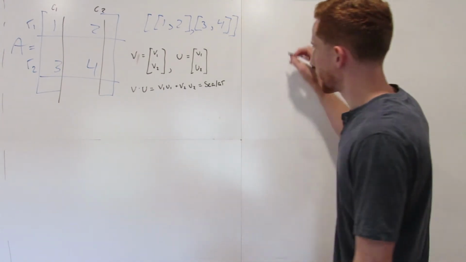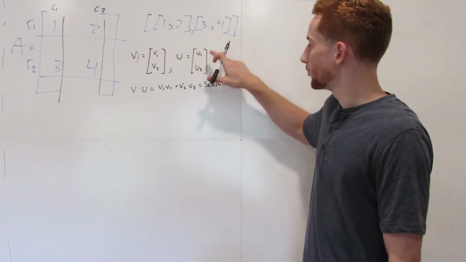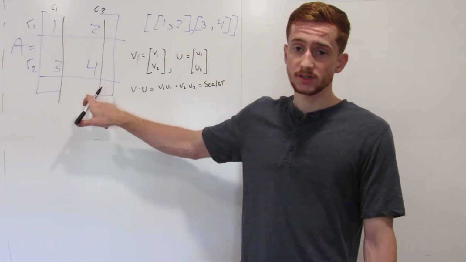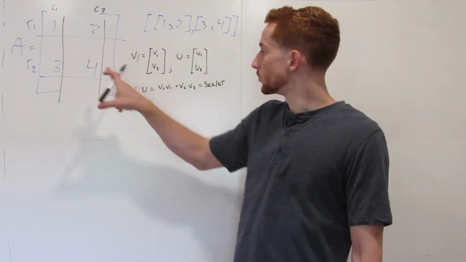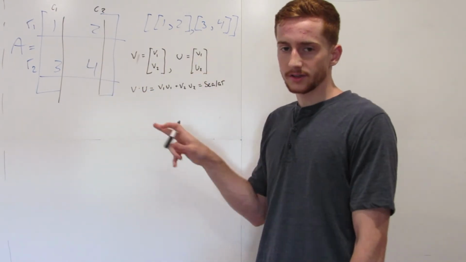Also you'll notice that here I drew the vectors in the same notation as I drew this matrix. Actually, because vectors are kind of just a special case of matrices where you only have one row or one column. So that's something we'll cover going forward.